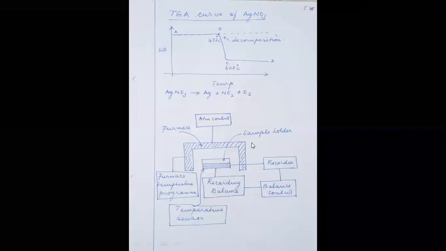And this shaded portion is the furnace. So with all these things, we are able to increase the temperature at a constant rate, and the atmosphere is controlled, and the recorders used here are able to record the time, the weight and the temperature. All these things are pulled out, and what we get out is the thermogram.